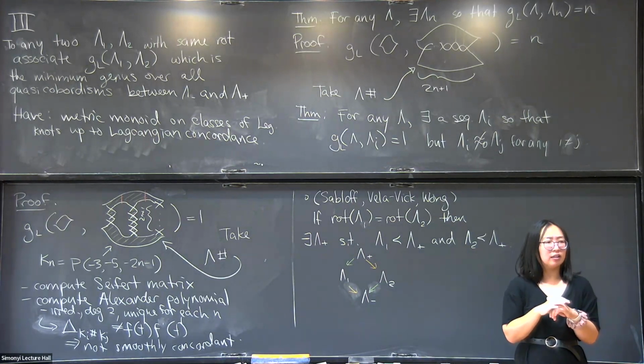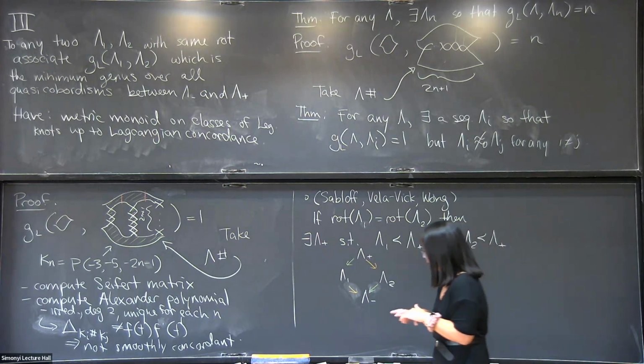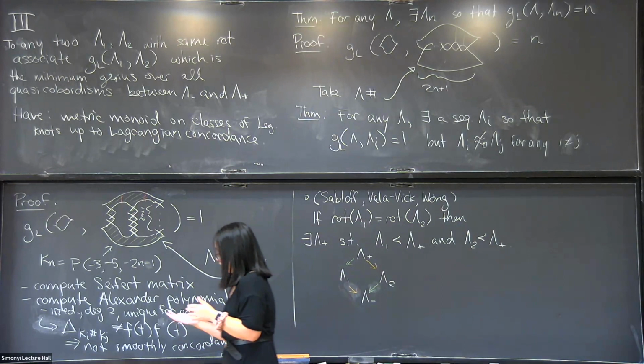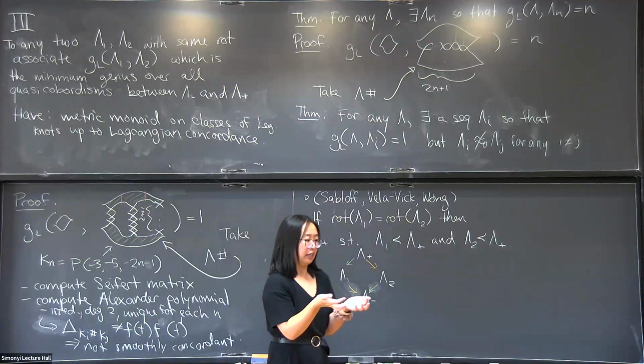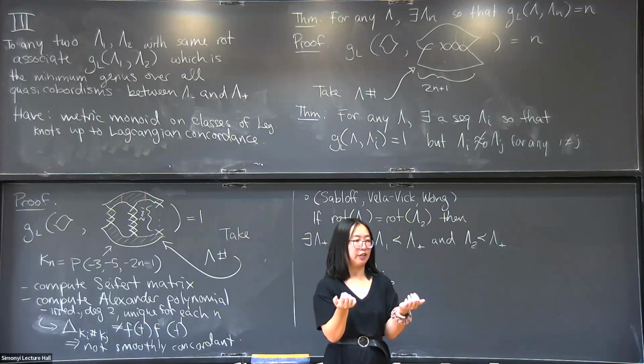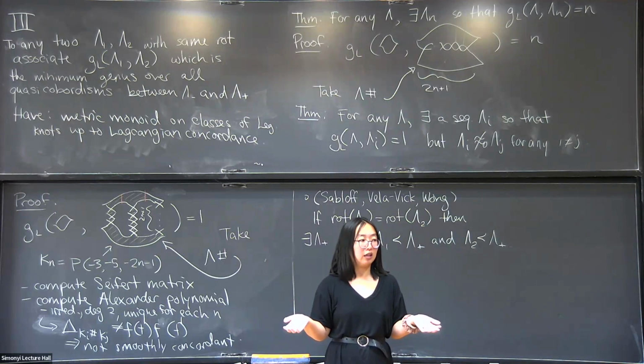Part of that proof is that you actually have a complete invariant from the knot group, for smooth knots, whereas we'd have no idea what a complete invariant of Legendrian knots would even look like.